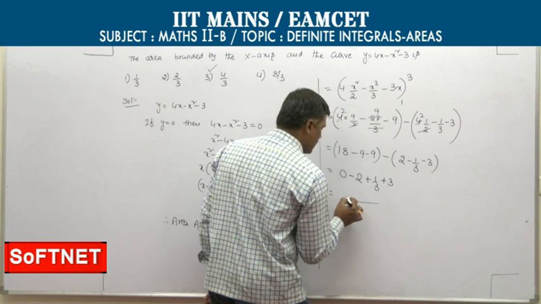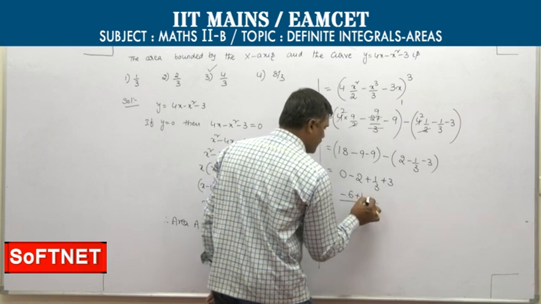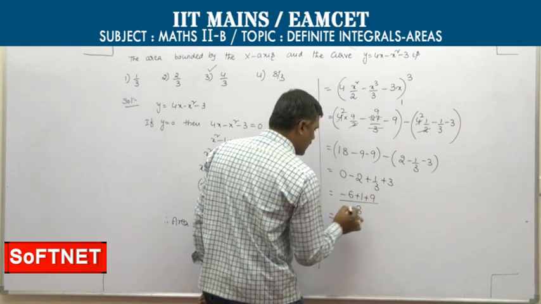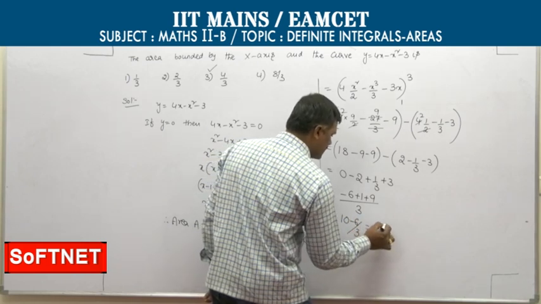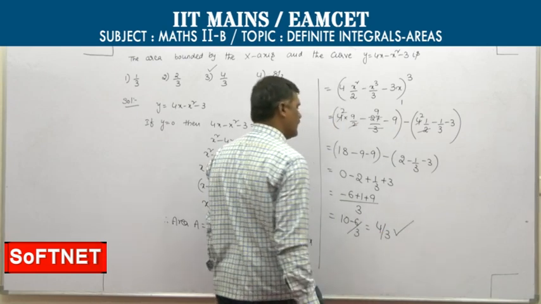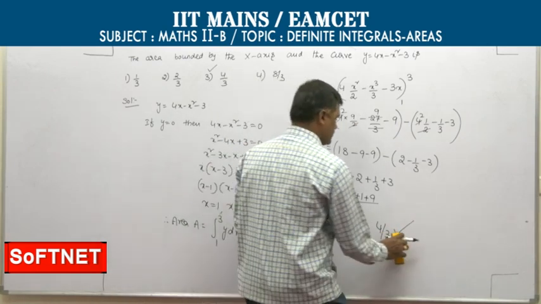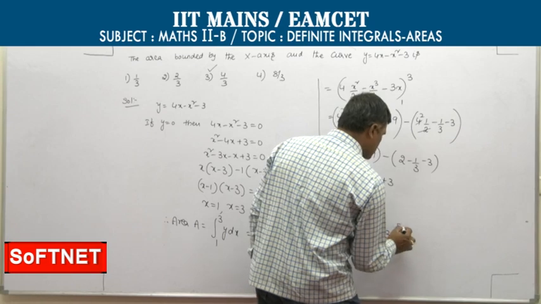LCM 3: minus 6 plus 1 plus 9, 10 minus 6 by 3, that is equal to 4 by 3 square units. 4 by 3 square units.